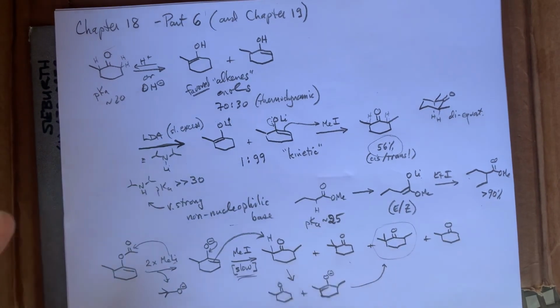It's all because the ketone enolates are alkylating slowly.